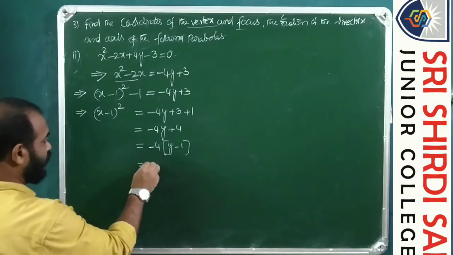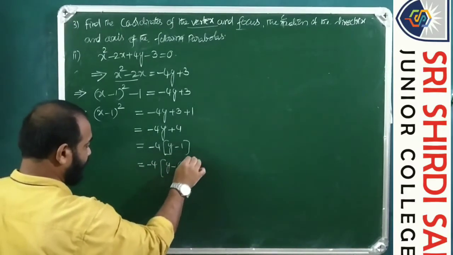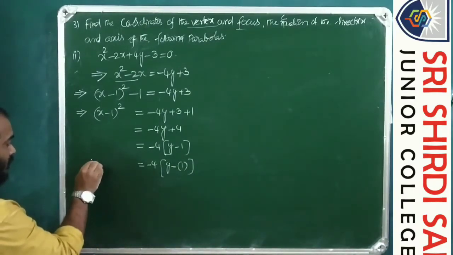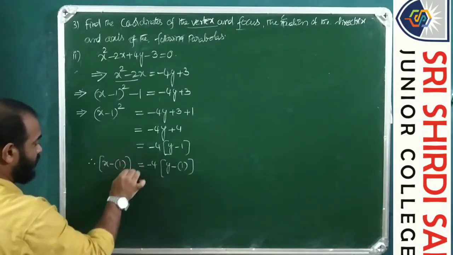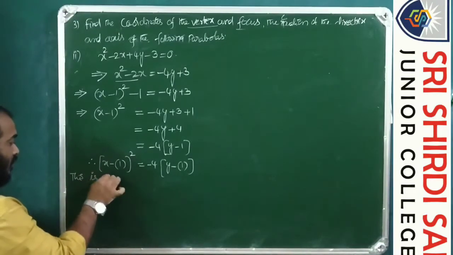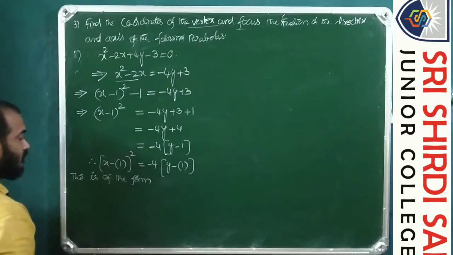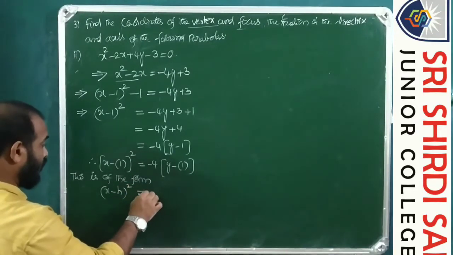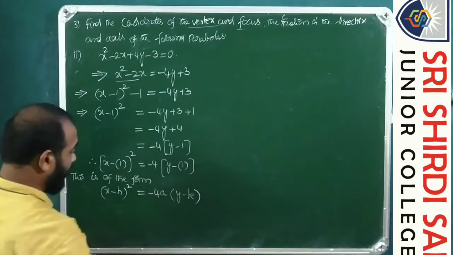So this is equals to minus 4 into (y minus 1). This is (x minus 1) whole square, which is of the form (x minus h) whole square equals minus 4a into (y minus k).